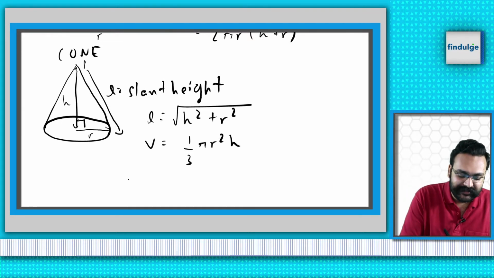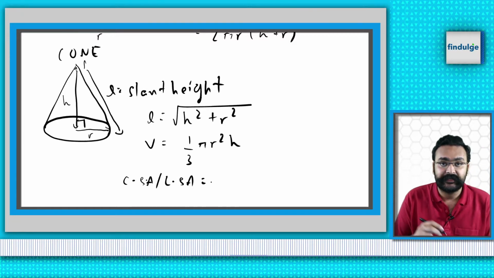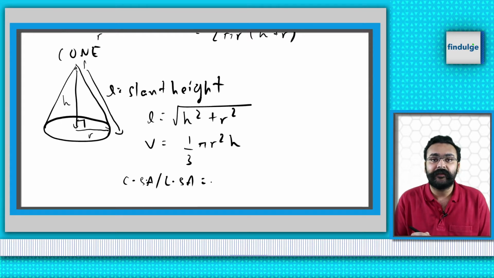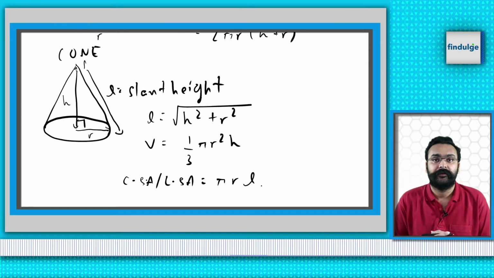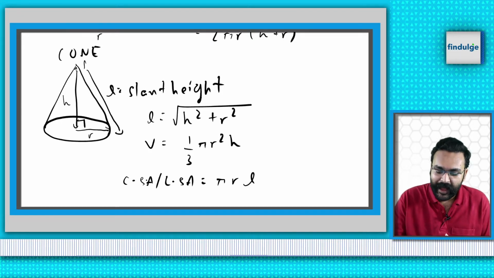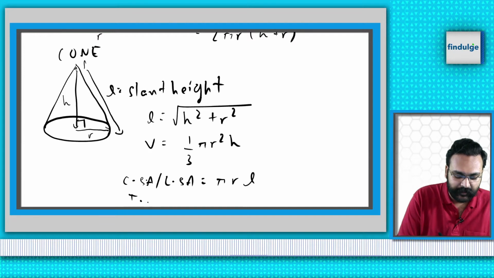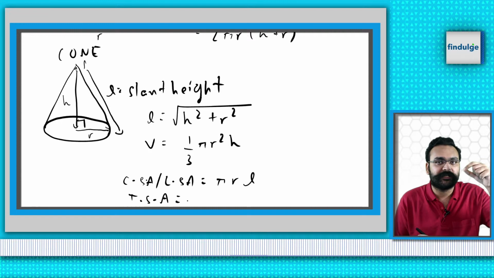The cone also has a curved surface area or a lateral surface area like the cylinder. This is where your slant height will be used. It is equal to pi r L. So simple, pi into your radius into your slant height. And the total surface area. Now for a cone, obviously the top is just a point.